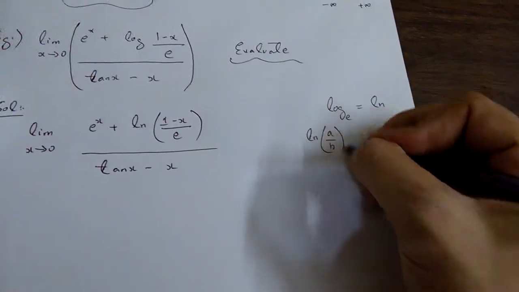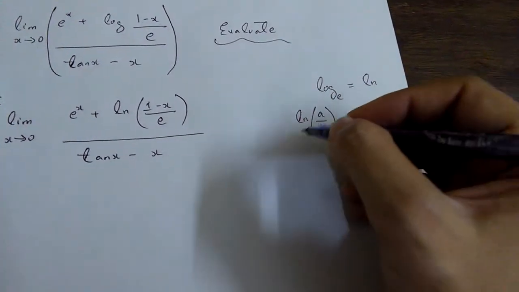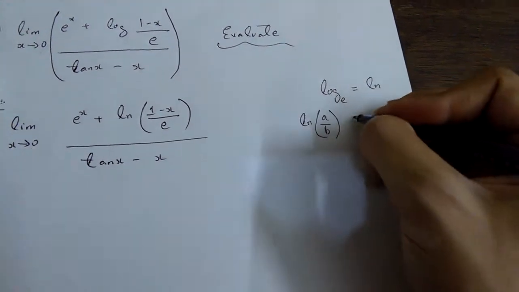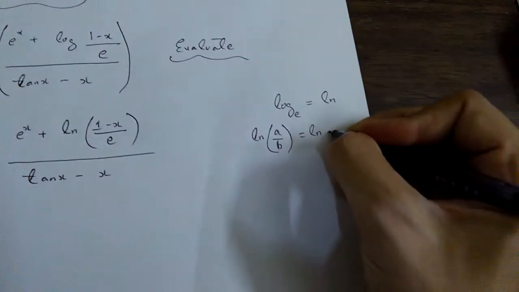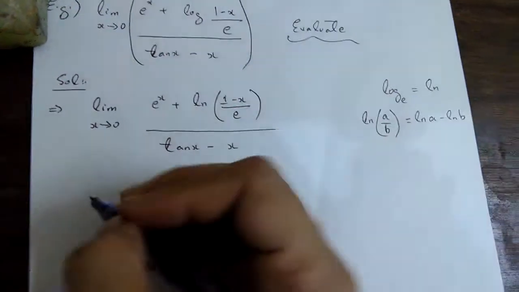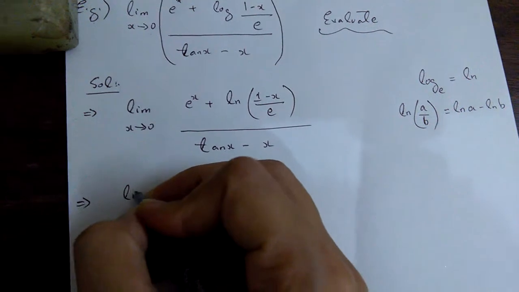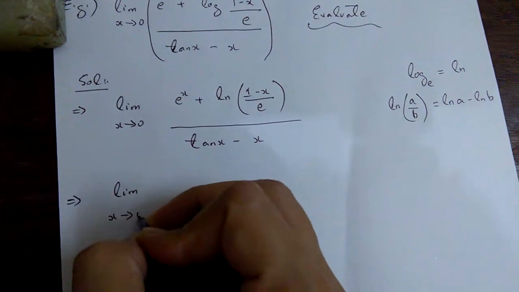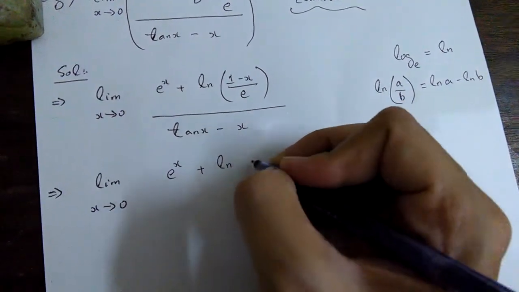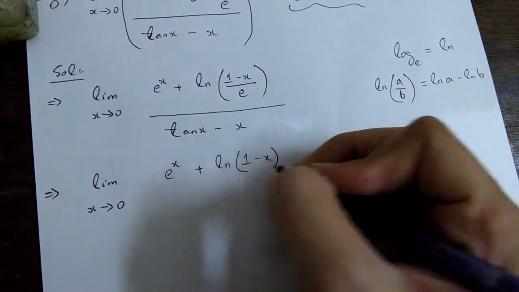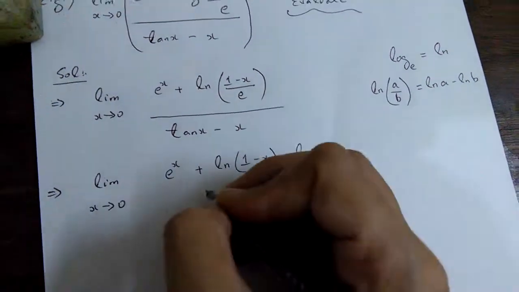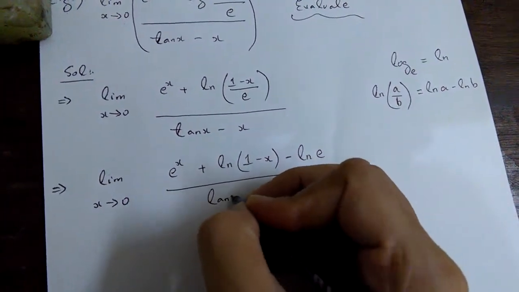No matter which base you're talking about, if you have a quotient at this position, then it is expressed as ln of a minus ln of b. So we are going to use this property of log over here. We are going to take the help of all kinds of mathematical tools as much as possible. So it is going to be log of this numerator minus log of this denominator, upon tan of x minus x.